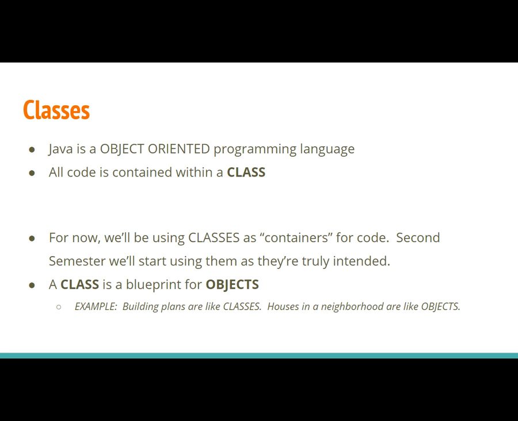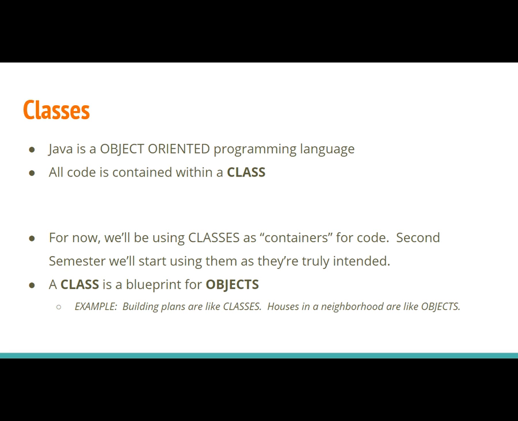A class is like the blueprint, right? So maybe in a neighborhood, we have blueprints for houses, and the construction company knows that this is going to be type A house, this is going to be type B house, this is type C house, and then it repeats, hypothetically.